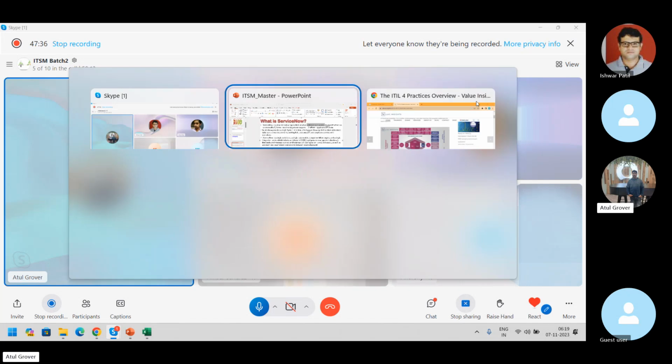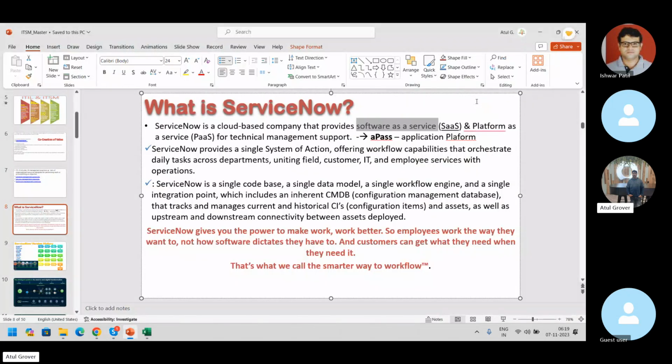This is what is called software as a service. You downloaded Gmail and installed and are using it as it is, which is given by Gmail to us. That is called software as a service.